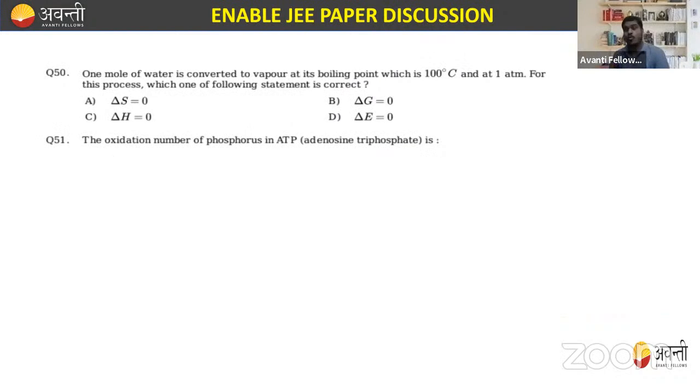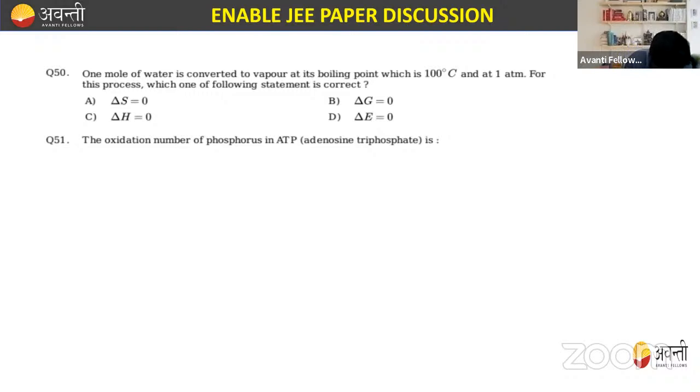Now next, move to question number 50. One mole of water is converted to vapor at its boiling point, which is 100 degrees Celsius and 1 atm. For this process, which of the following statements is correct?